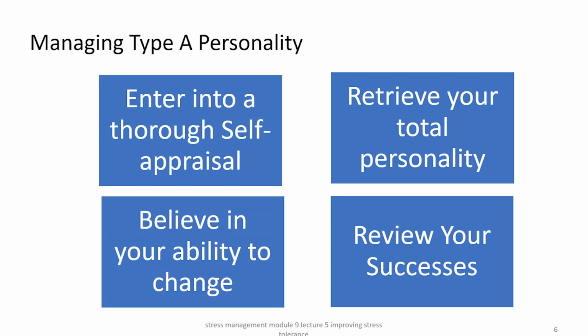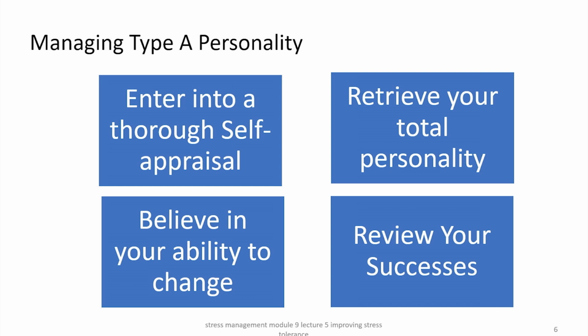But if a person fails to see the problem as a problem, if a person starts perceiving or thinking that it is okay, it is just a part of my personality, I did that and it's okay, this is going to be there forever, other people should adjust with me, they should not complain about what I do sometimes, then the person will never be able to work on his own shortcomings.